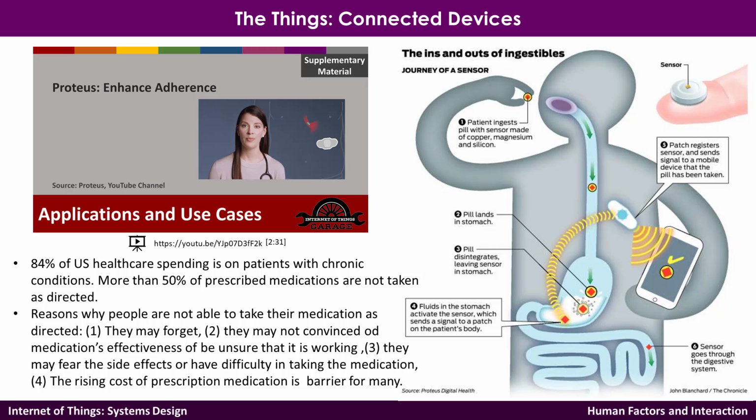The common reasons for that are either they forget, or they may not be convinced of the medication's effectiveness and don't know whether it is actually doing any good for them, or they are afraid of side effects or have difficulties in taking the medications, and also the rising cost of prescription medication.